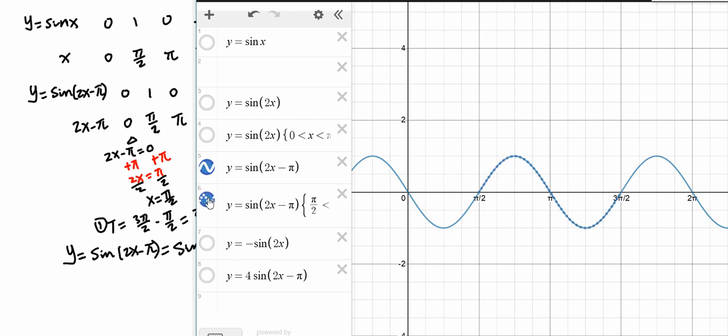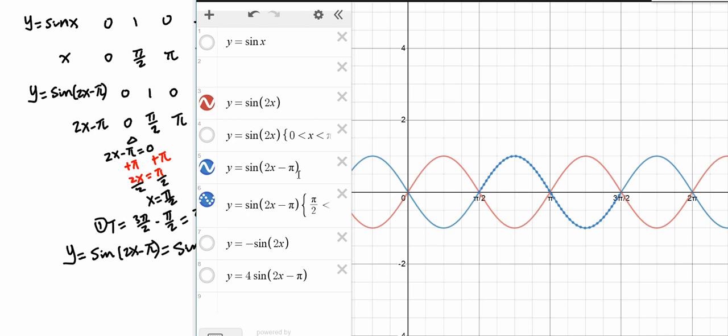Okay, so actually, then you may wonder what's the relationship between sine 2x and this one. Sine 2x is the one right here. How to get the picture from sine 2x to sine 2x minus pi?